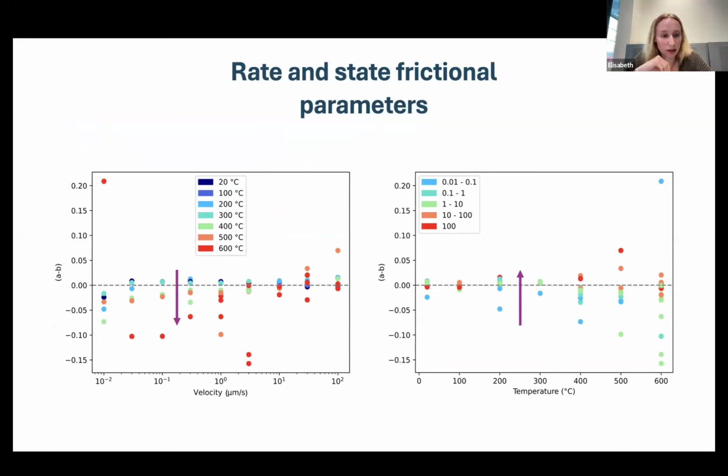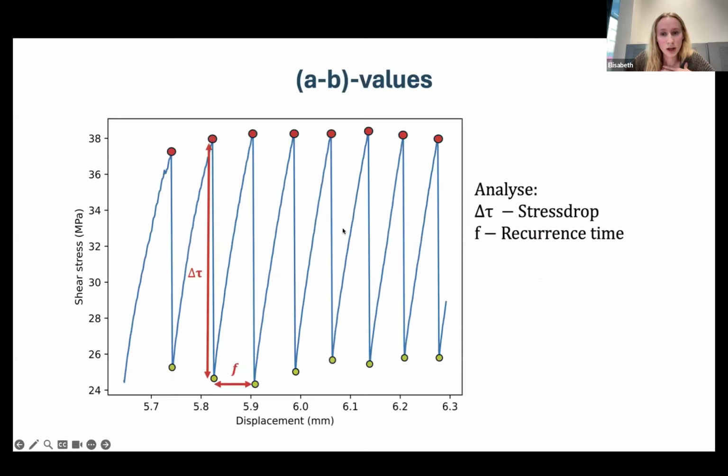But what we can see is that at some points there's a negative correlation between A minus B values and temperature, and at some points there's a positive correlation of A minus B values with velocities. So this is some work that is not finished, but I still wanted to mention it because I would be happy to hear some ideas and suggestions.